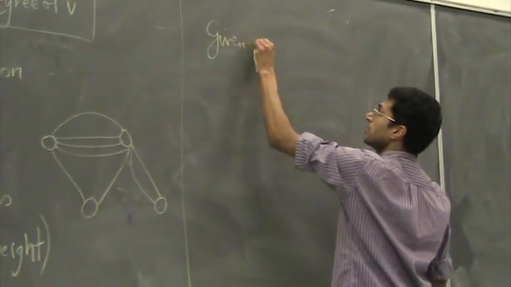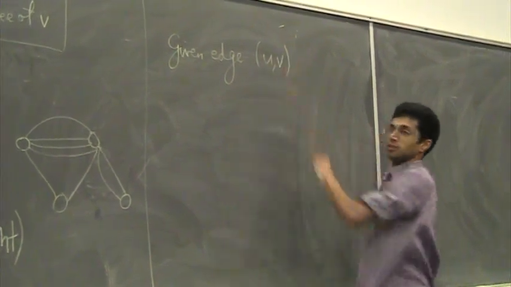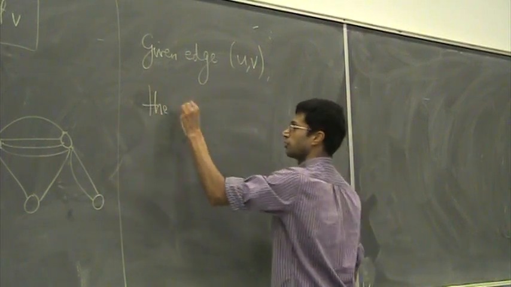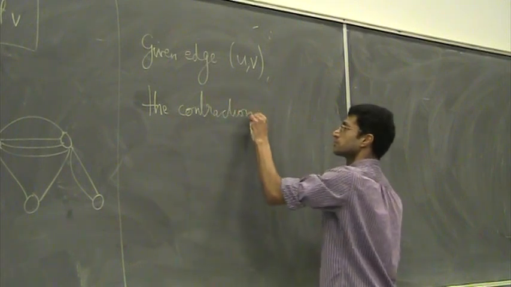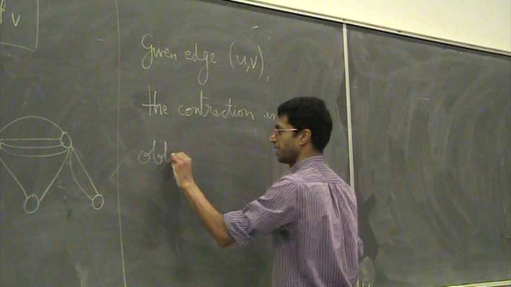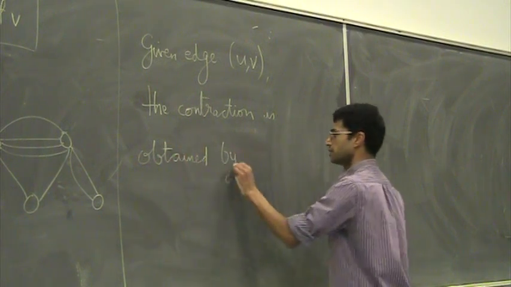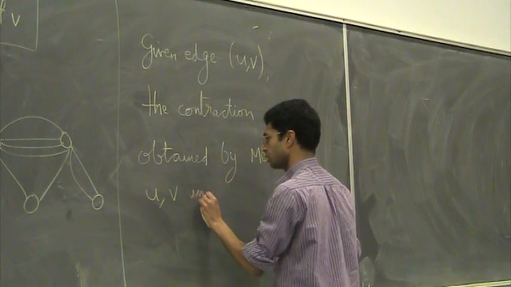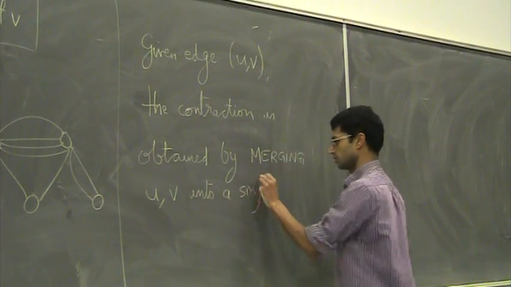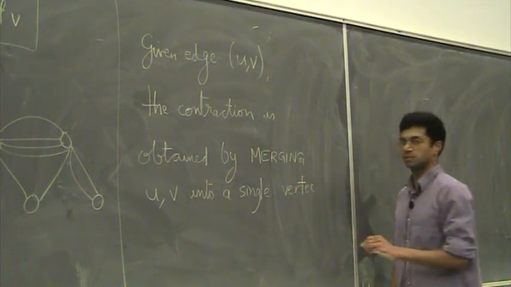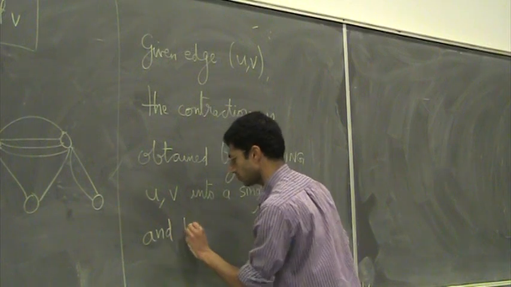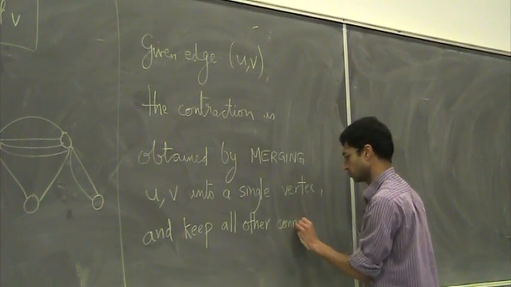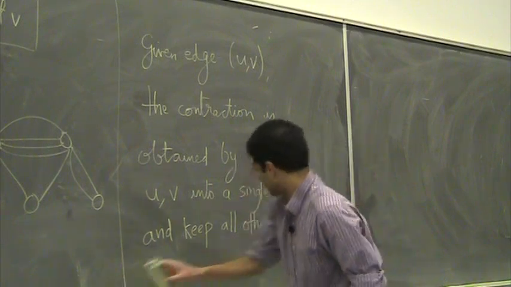Given an edge UV, the contraction is obtained by merging U comma V into a single vertex and keeping all other connections, or I should say keeping all other edges.